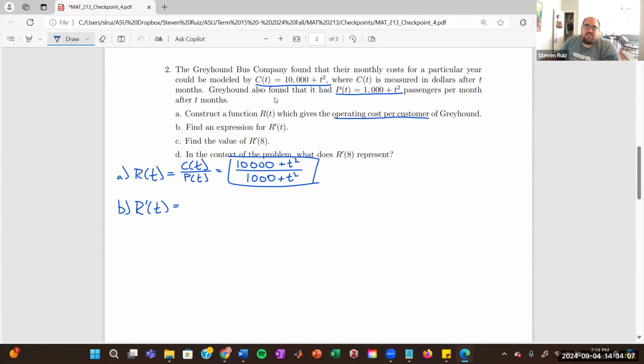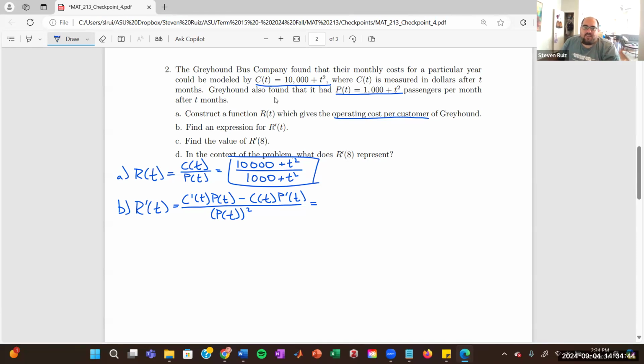So what function do we take a derivative of first? Let's just write this down really explicitly. This is going to be C prime of T times P of T minus C of T times P prime of T, all over P of T squared. It really matters what order I do these things because, just like subtraction, the order matters. 7 minus 4 is not the same thing as 4 minus 7.